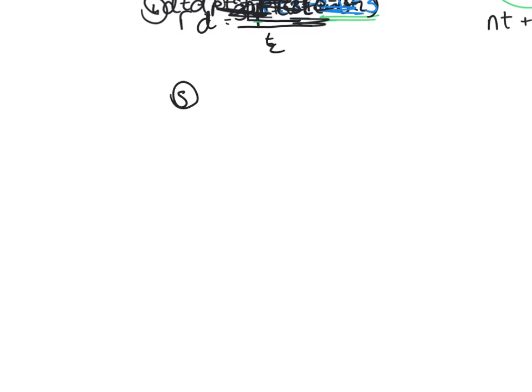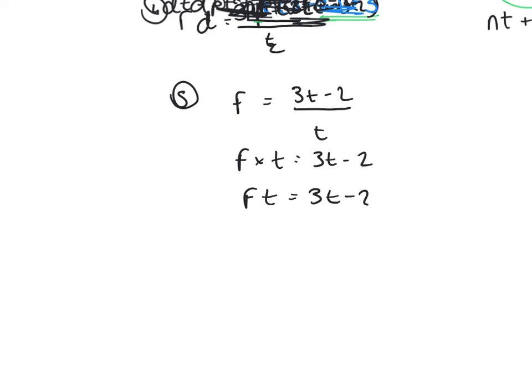Okay, example 5. F equals 3t minus 2 over t. Eliminate the divide by t by multiplying by t. F times t equals 3t minus 2. Shorten that up, so ft equals 3t minus 2.